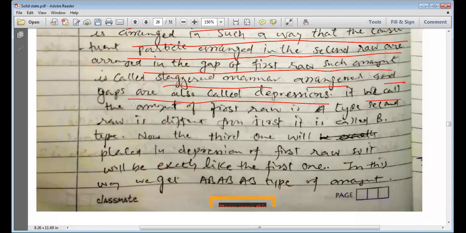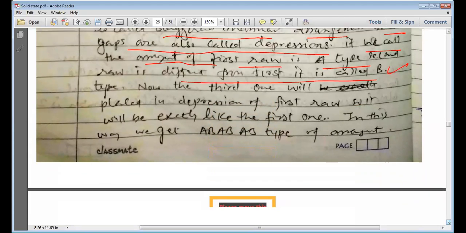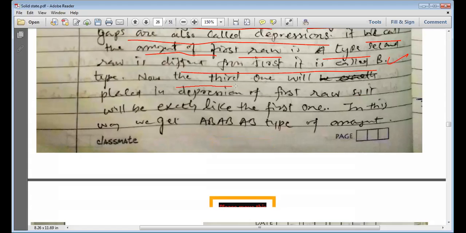If we call the first row A type, then the second row is different from the first row and we will call it B type. Now the third one will be placed in the depression of the first row, so it will be exactly like the first one.